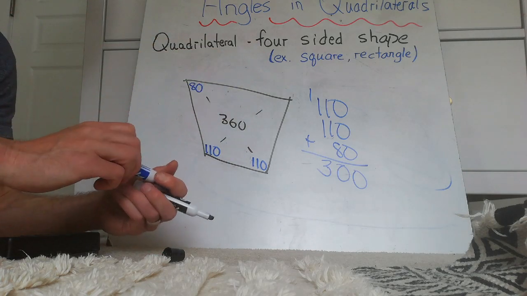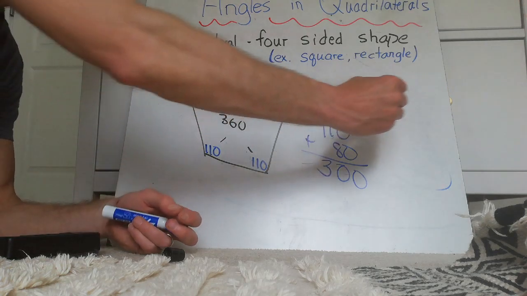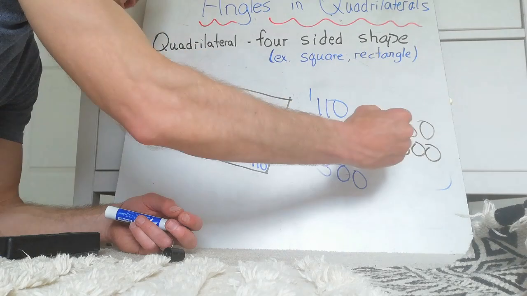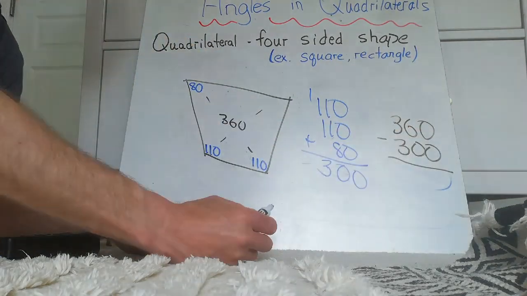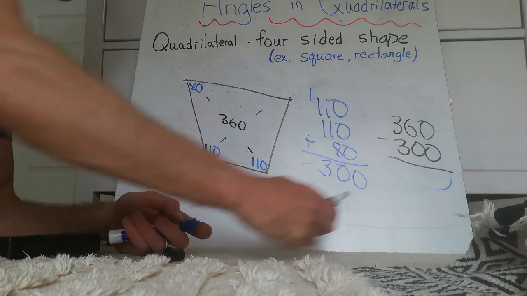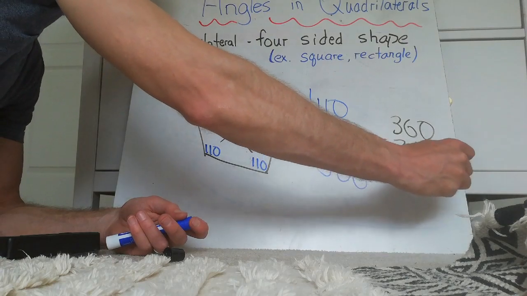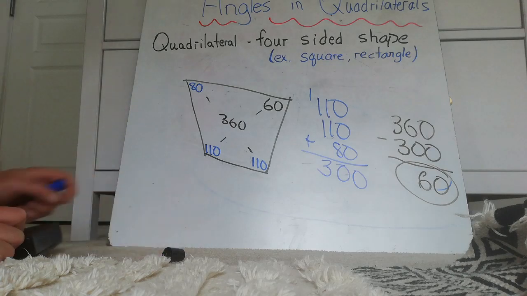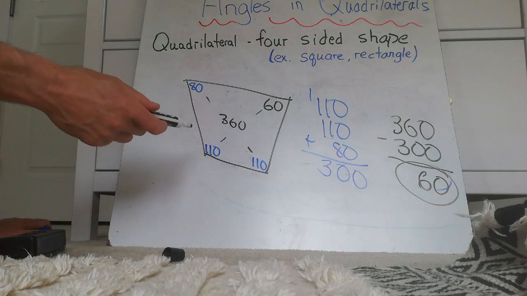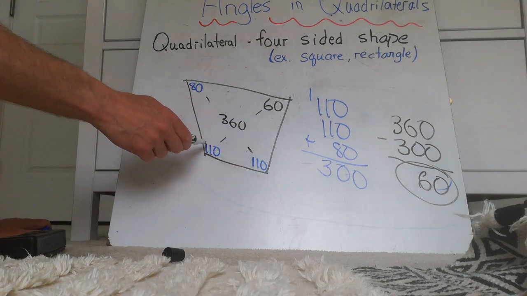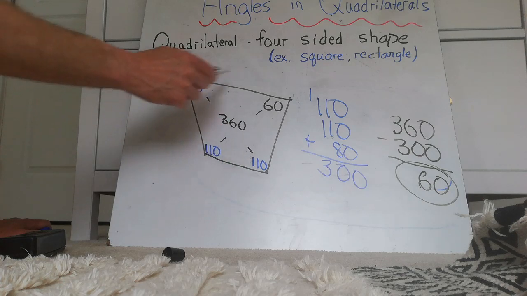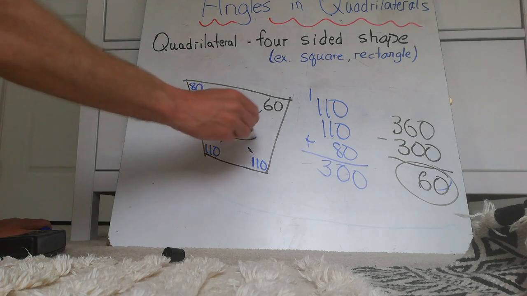You can do the subtraction, 360 minus 300, which is an easy one, and it gives you 60. Then to check, 110 plus 110 is 220, plus 80 is 300, plus 60 is 360 degrees.